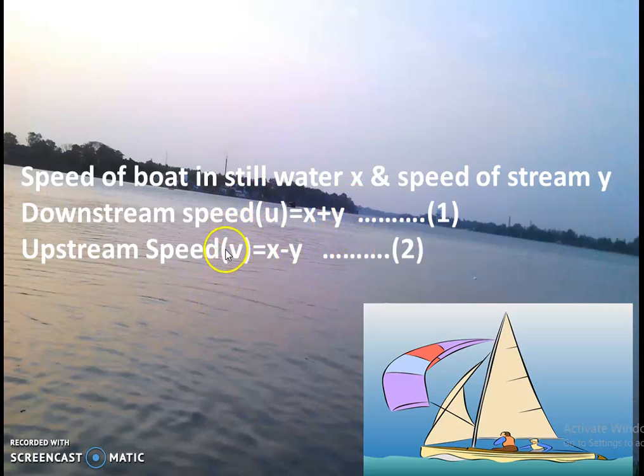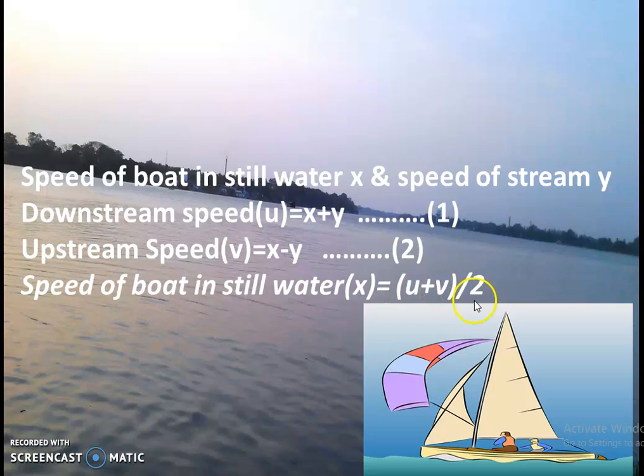From these equations, when u and v are given, we can calculate the value of x, that is the speed of boat in still water. So we can calculate x as (u plus v) upon 2. Here you can see when we add equation 1 and equation 2, we get the value of 2x, that is u plus v, and to get x, we divide u plus v by 2.